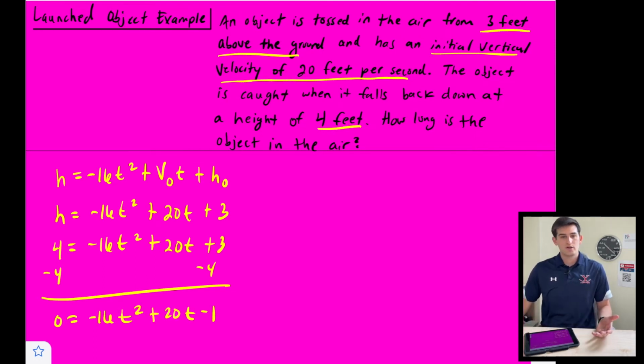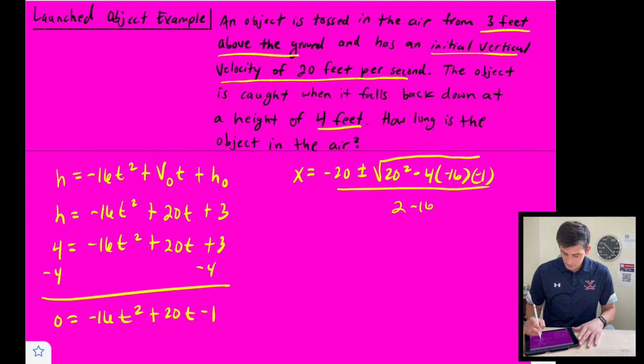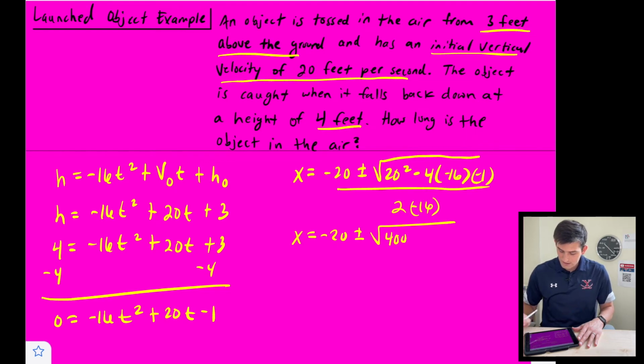And now let's just use the quadratic formula, and let's figure out what our solutions would be. So opposite of b, so negative 20 plus or minus the square root of b squared minus 4 times a times c, all divided by 2a. All right, so we get negative 20 plus or minus the square root of 20 squared, which would be 400, minus 16 times 4, which would be 64. And we're going to divide that by negative 32.